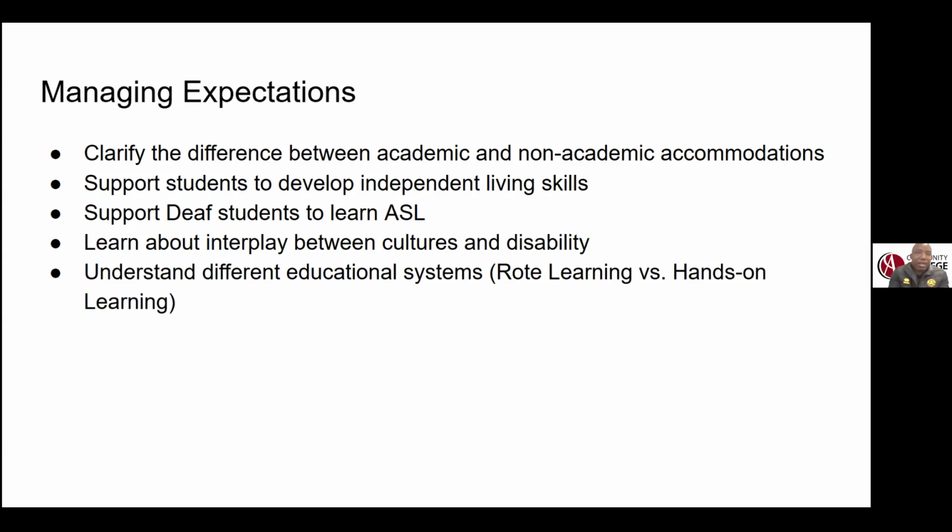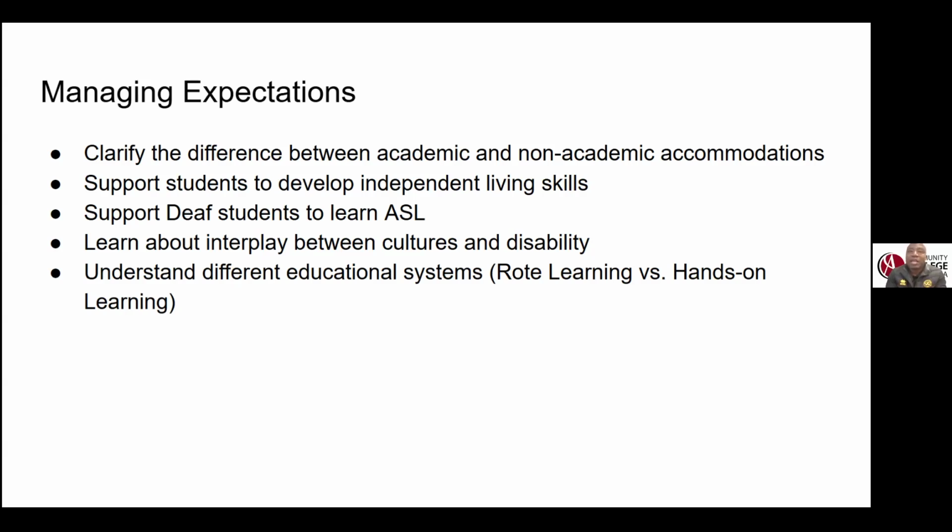Okay. Managing expectations for international students. When we meet with international students, we should clarify the difference between academic and non-academic accommodations. Here in the US, we provide academic accommodations. We also provide some auxiliary aids to students.